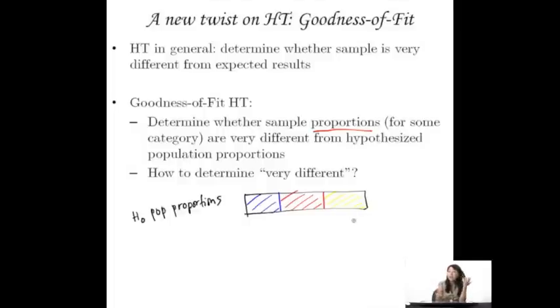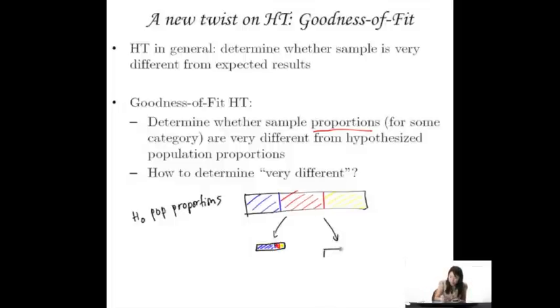So if this is what our hypothesized population looks like, then when we get a little sample from that population, we want to know whether our sample proportions are very different from the hypothesized proportions or not. So let's say in our sample proportion, we get mostly blue, a little bit of red, a little bit of yellow. So let's say 60% blue, 20% red, 20% yellow. Are those proportions different enough from our hypothesized proportions, right?